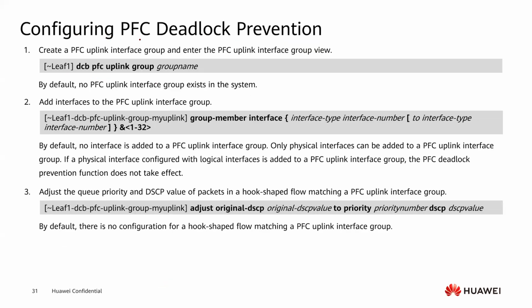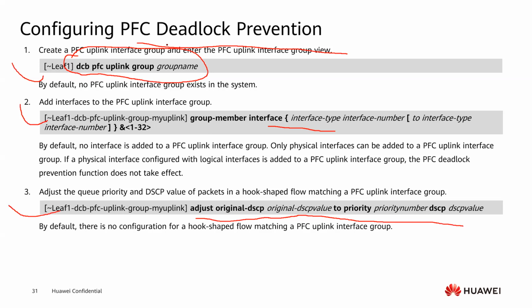This is configuring PFC deadlock prevention. First, create an uplink group and add the interface to the group. And change the priority here. Have step 1, step 2, step 3. And you will configure PFC deadlock prevention.